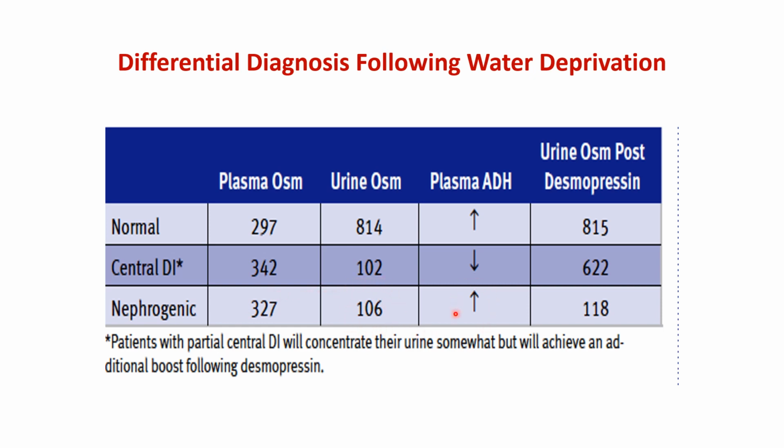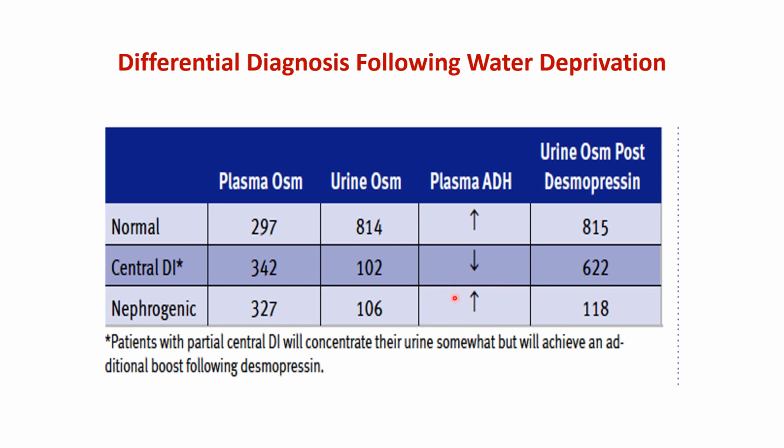But if you measure ADH in this patient, it's going to be high, because there is a change in the plasma osmolarity. ADH is secreted, but the collecting duct and the distal tubule are not responding to ADH. There is a receptor problem here. In spite of the presence of ADH, ADH is not working.